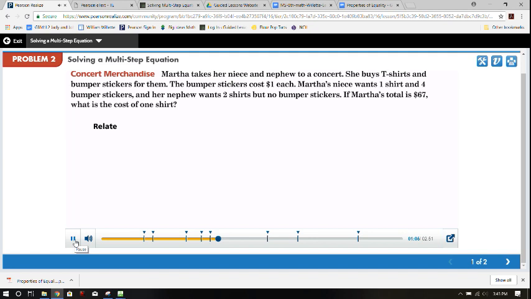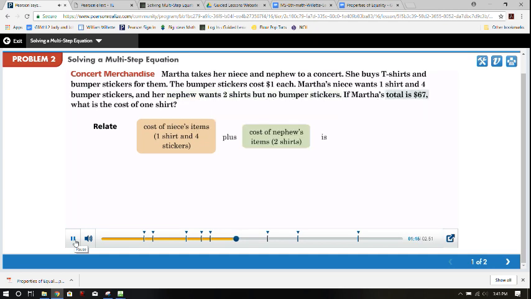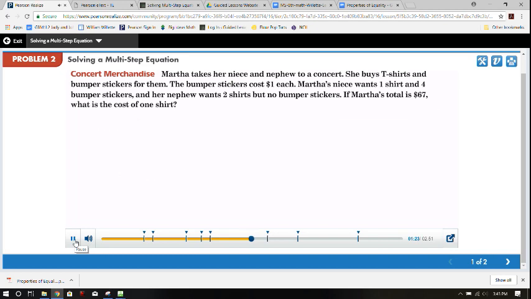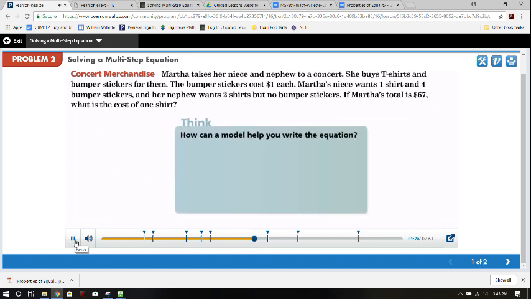First, relate what you know. The cost of the niece's items, 1 shirt and 4 stickers, plus the cost of the nephew's items, 2 shirts, is the total that Martha spent. Now, define the unknown by letting S equal the cost of 1 shirt. How can a model help you write the equation?